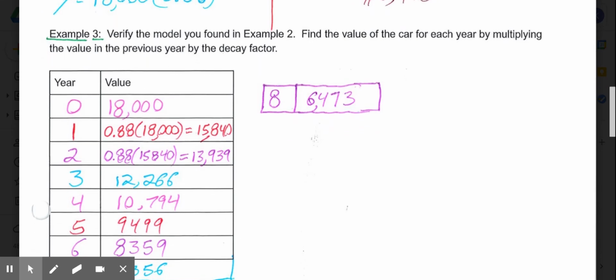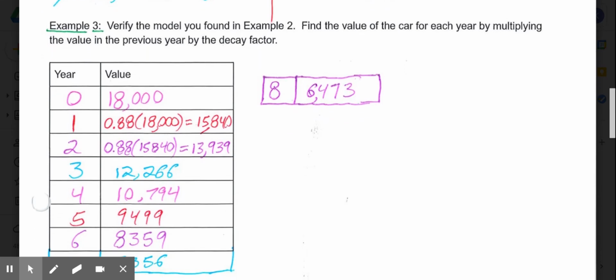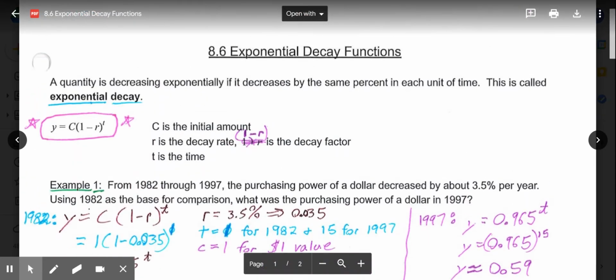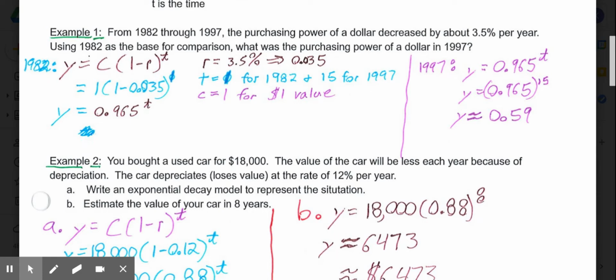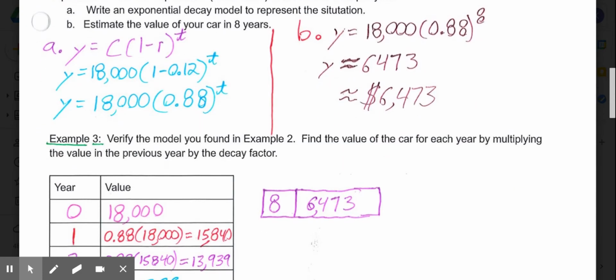Example 3 says verify the model that we found in example 2. Find the value of the car for each year by multiplying the value in a previous year by the decay factor. So if we think about it, our decay factor is 1 minus r, so the decay factor here would be 0.88.